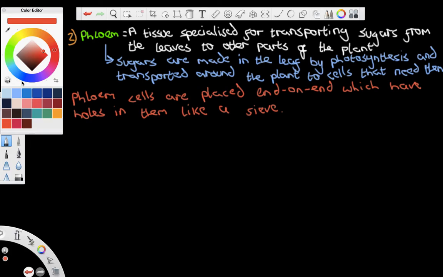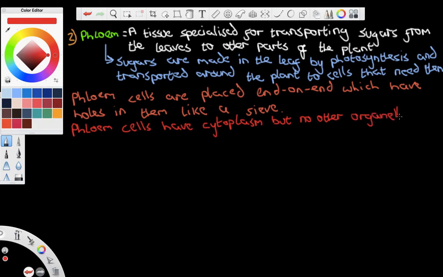Now, the phloem cells have cytoplasm, but no other organelles. So we can say phloem cells have cytoplasm, but no other organelles.